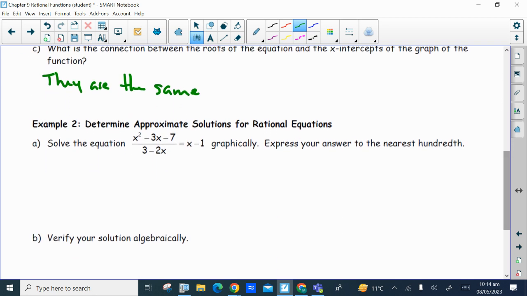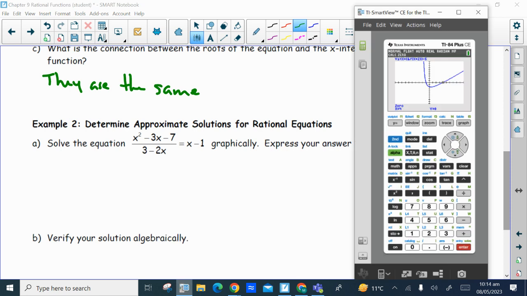Number 2 says, solve the equation graphically, expressed to the nearest hundredth. So sometimes the solutions are irrational, and if you're doing it on the calculator, they have to be rounded. In this case, we have a left and a right side to the equation.